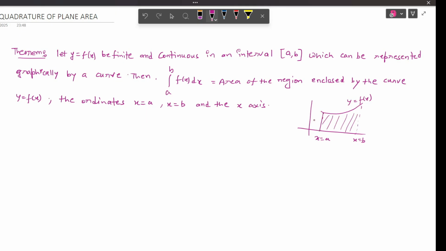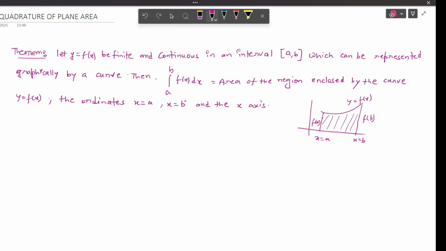This height is our f of a, and this height is our f of b. So this is the theorem. The area under the curve is the integral from x equals a to x equals b of f of x dx.